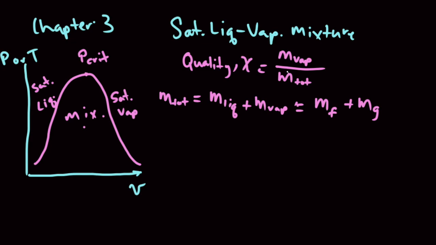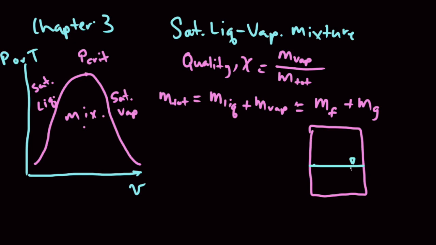And so again, if we look at a tank, a saturated tank, what I mean is just say there's saturated water in here, there's going to be a certain amount of saturated liquid.